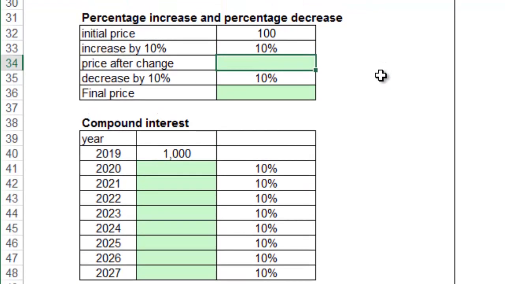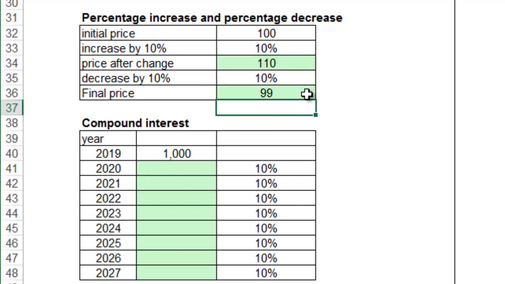Let's look at the following example, where the price has been changed twice. The initial price was £100, and it was increased by 10%, taking it up to £110. 10% of 100 is 10, 100 plus 10 is 110. After the first change, the price was reduced by 10%, and eventually amounted to £99. 10% of 110 is 11, 110 minus 11 is 99.